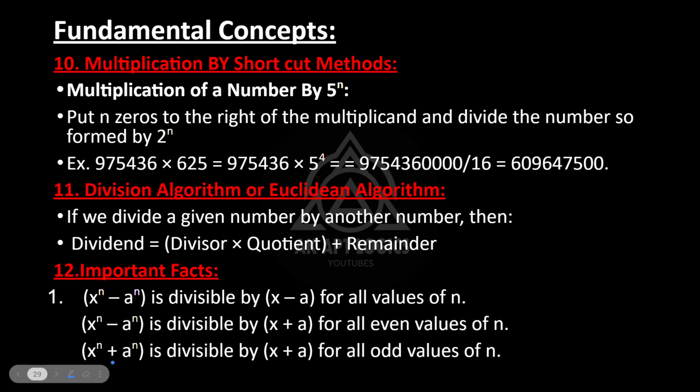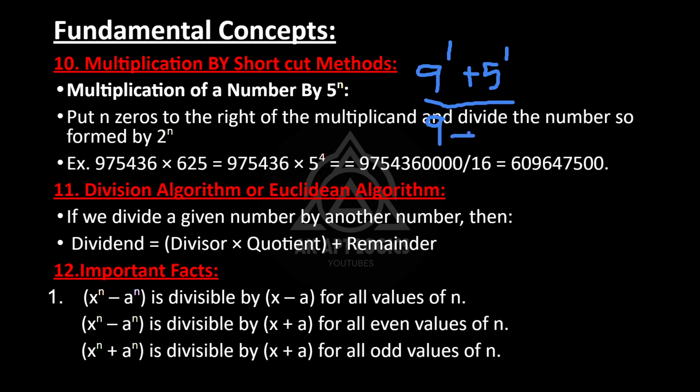So let us see the last condition: x power n plus a power n is always divisible by x plus a. Let us take 9 power 1. Here we are going to take n as odd, that is 1. 9 power 1 plus 5 power 1 is always divisible by 9 plus 5.